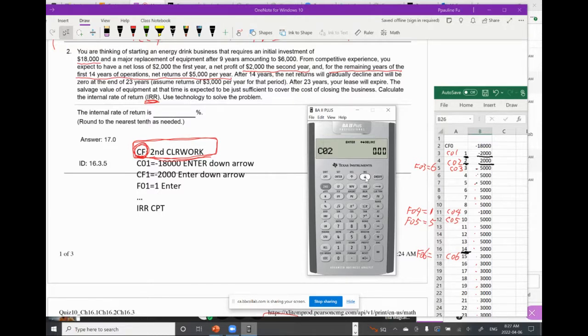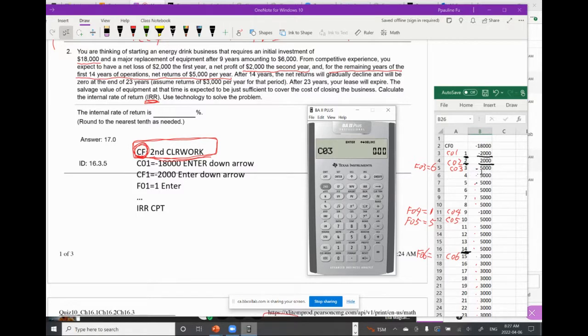Okay. Down arrow key. C02. This is C02. Positive 2,000. Enter. Down arrow key. How many times does 2,000 appear? Just one time. So F02 is 1. Enter. Down arrow key.